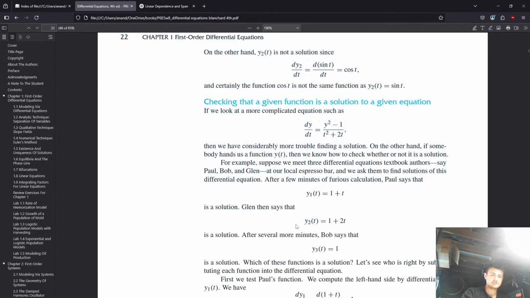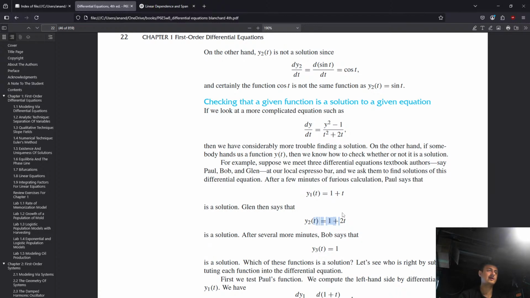Now, if we were to try 1 plus 2t, 1 plus 2t squared is 4t squared plus 4t plus 0, giving 4t plus 4 over t plus 2, which is equal to dy/dt.